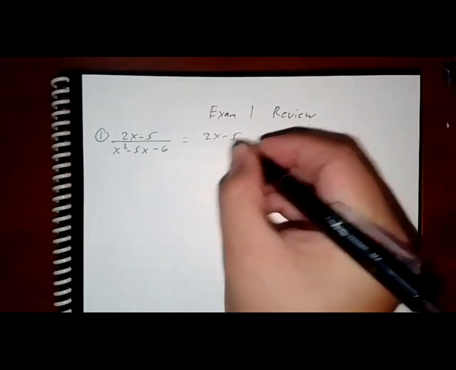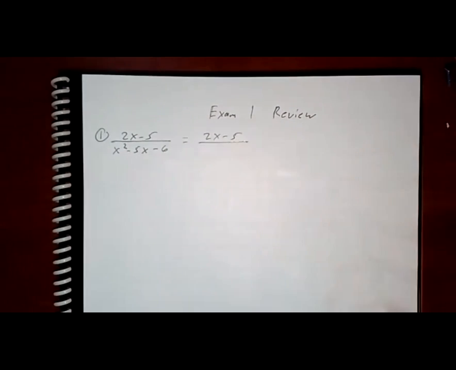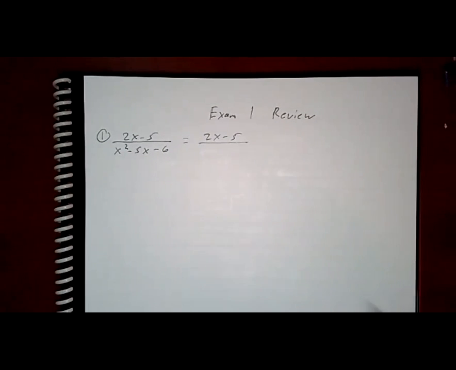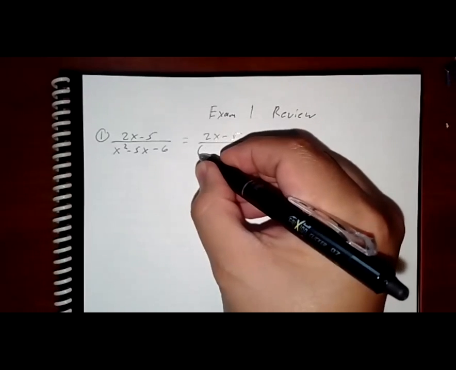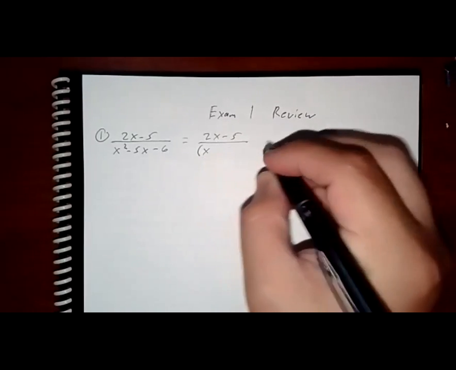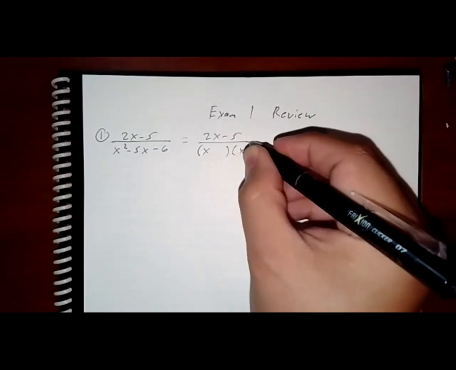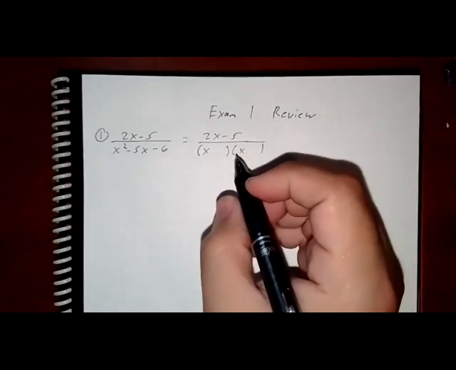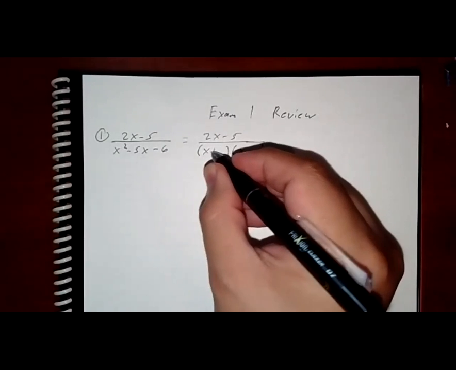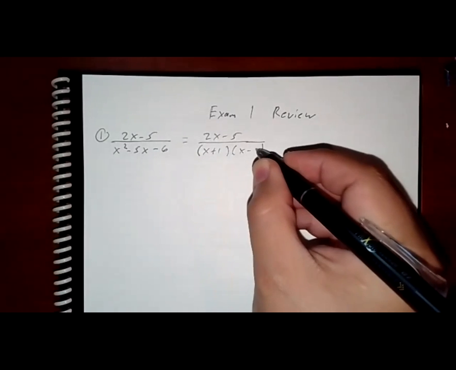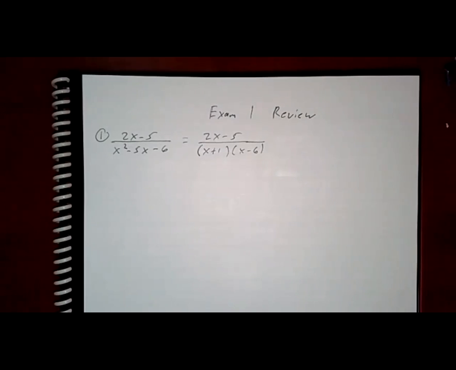So remember, we said the first step should be to factor everything on the bottom. So this will be just a simple trial and error type factoring, right? So this will be plus 1 minus 6. Yeah, that's right.